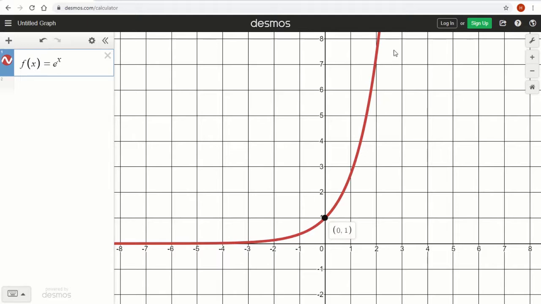As you have seen earlier, the rise becomes more rapid when the graph passes the y-axis, and the rise is still slow on the left-hand side of the y-axis. That is what we know for now in terms of the graphing behavior of the e to the x function. As we move on further into our study, we will find more places where e to the x is playing an important role.